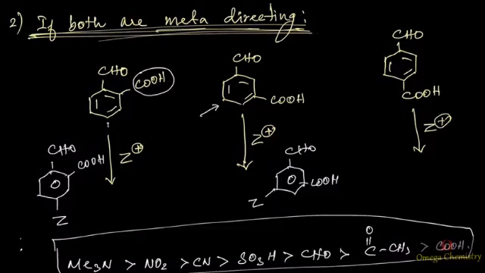But when it comes to the third case, I have CHO and COOH para to each other, right? And the COOH group is the lowest priority group, which will have greater dominance, which means the Z group will be attached meta to this COOH group. So this position is favorable. So the major product will be CHO, COOH, and your Z will attach here.